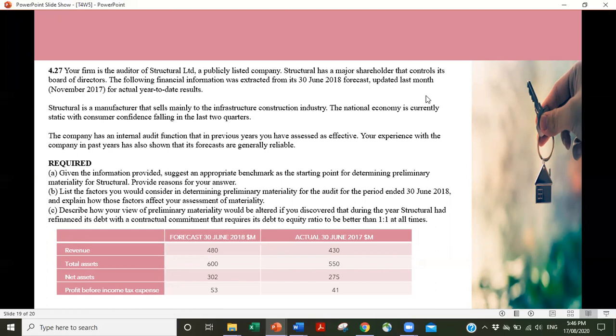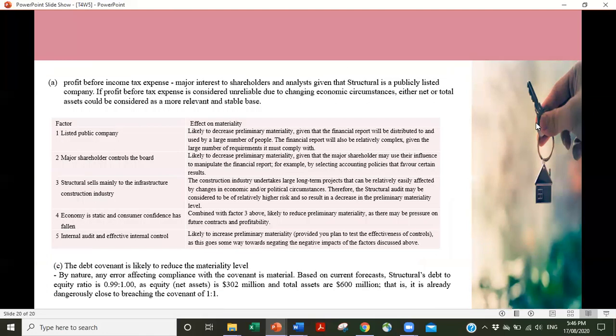Okay, so the factors: the issue is about whether it's a publicly listed company or not. And this is a publicly listed company.